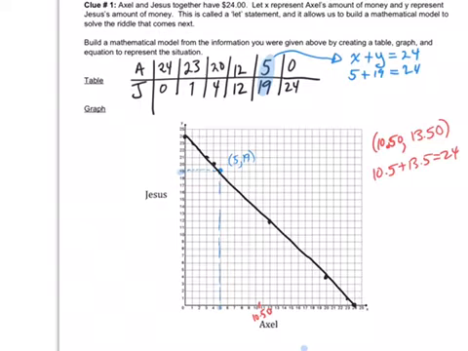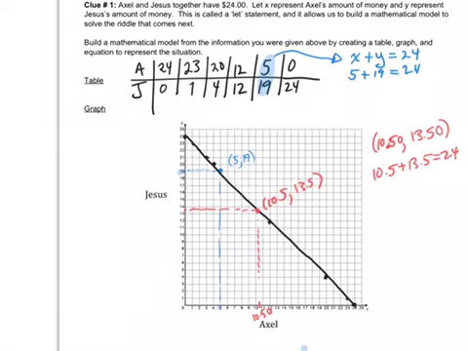And so if you trace that up, 10.5 goes right up there to 13.5. And so there are all these other numbers that are not whole numbers, like $10.50 and $13.50, or quarters, etc. And so we have to fill in all of those points to get not a discrete set of points, but a continuous or nearly continuous straight line.